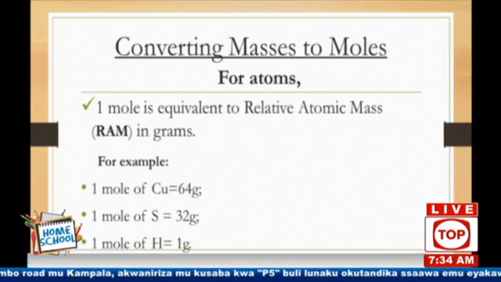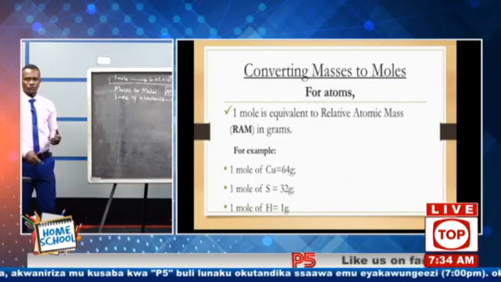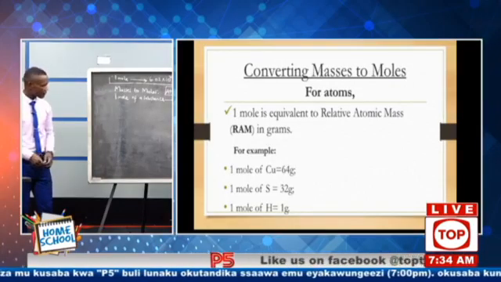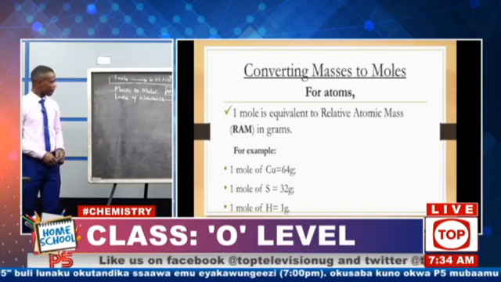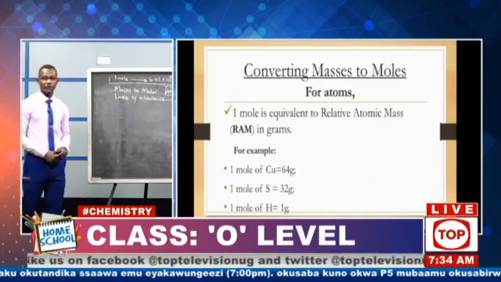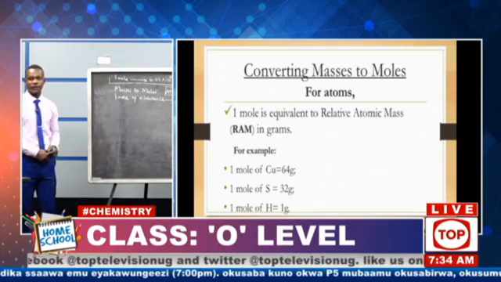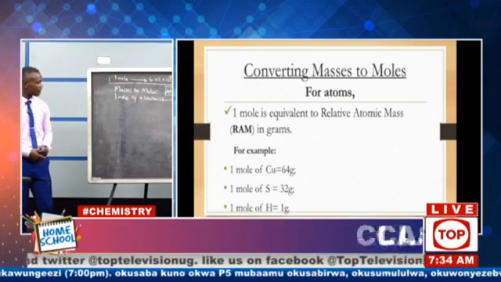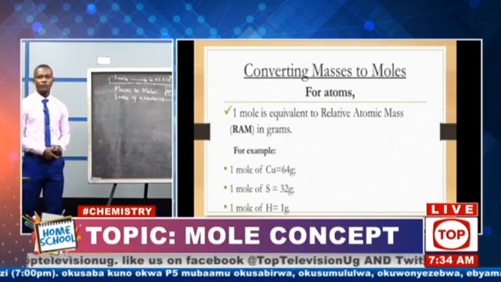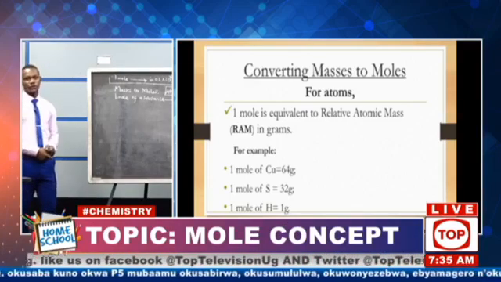We have been able to give you a few examples. You have 1 mole of copper being represented by 64. You say that one is equal to 64 grams because the relative atomic mass is 64. Just add the G to get the grams.